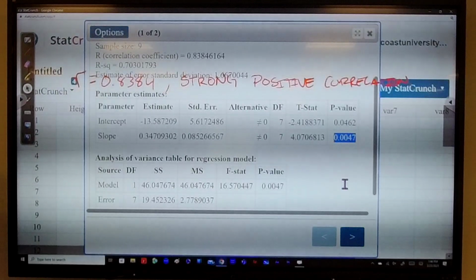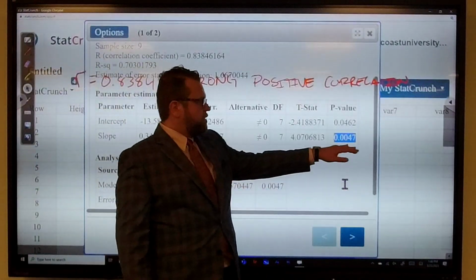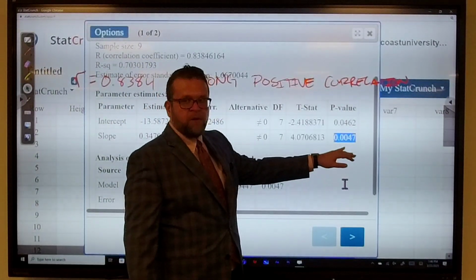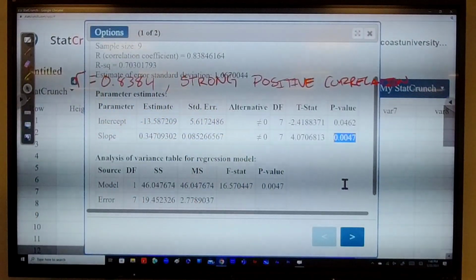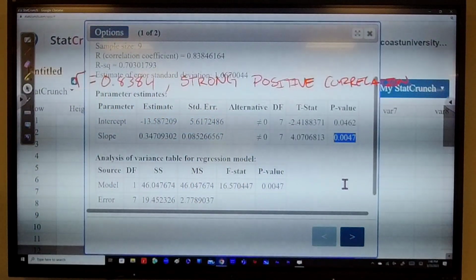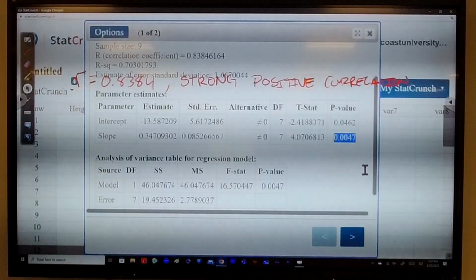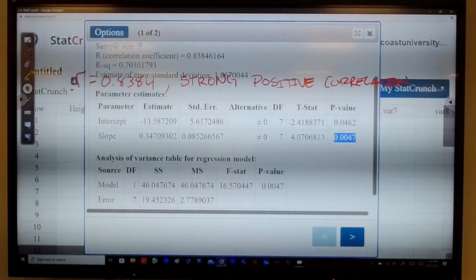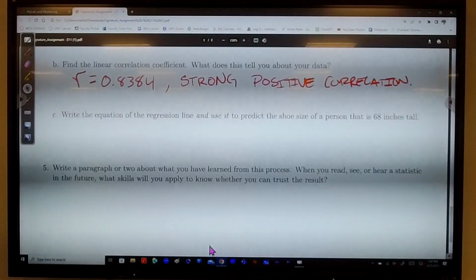That's a very low p-value, and it tells me that I absolutely would be using the linear model, not y-bar. However, the instructions on the assignment have you use the linear model regardless. So let's see what the next question is.